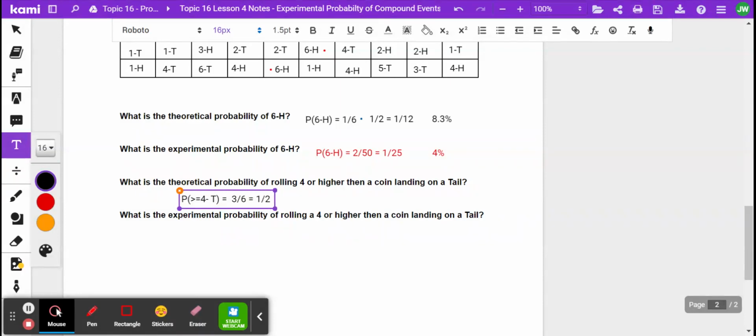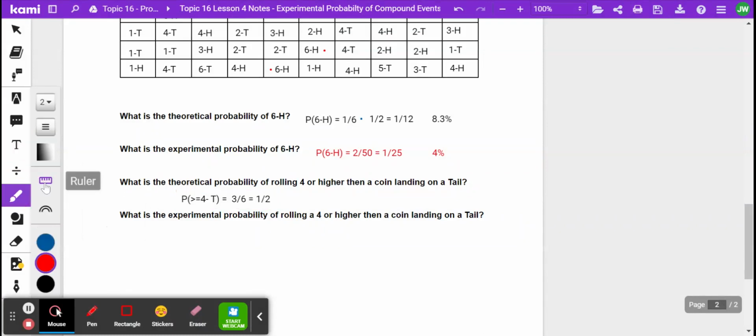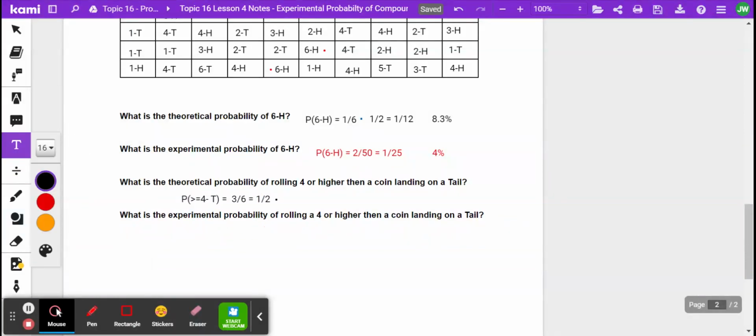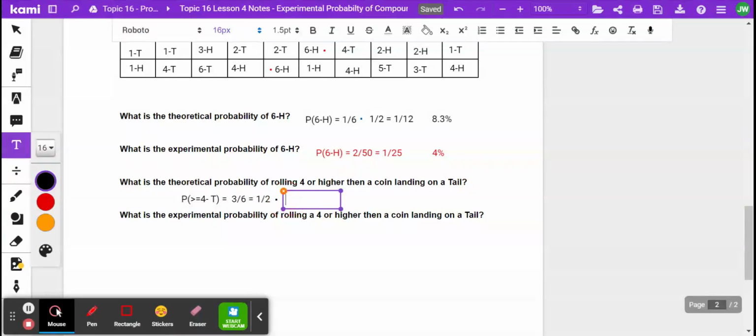I'm going to multiply that by the probability of getting a tail, which is also 1/2. So 1/2 times 1/2 is 1/4. And when I divide 1 by 4 and multiply by 100, I get 25%.